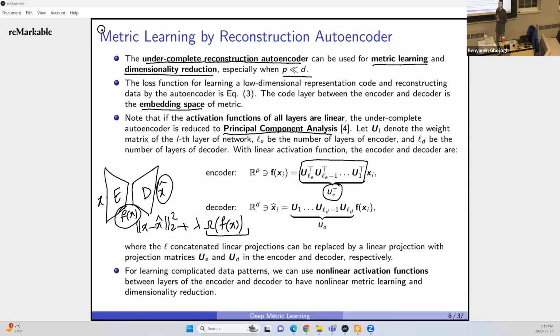As a result, backpropagation will learn whatever PCA directions are. Okay, so your encoder becomes linear projection onto the PCA subspace. Your decoder becomes a reconstruction from the PCA subspace. So you should use a nonlinear activation function for this to be a nonlinear model.